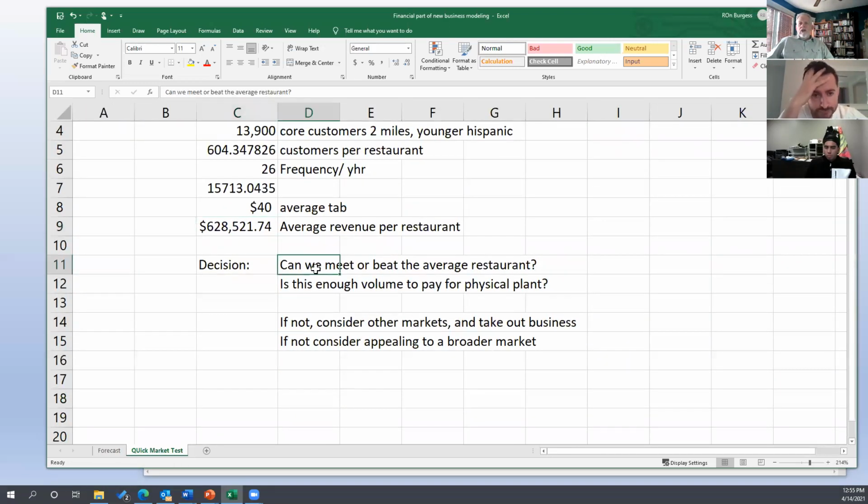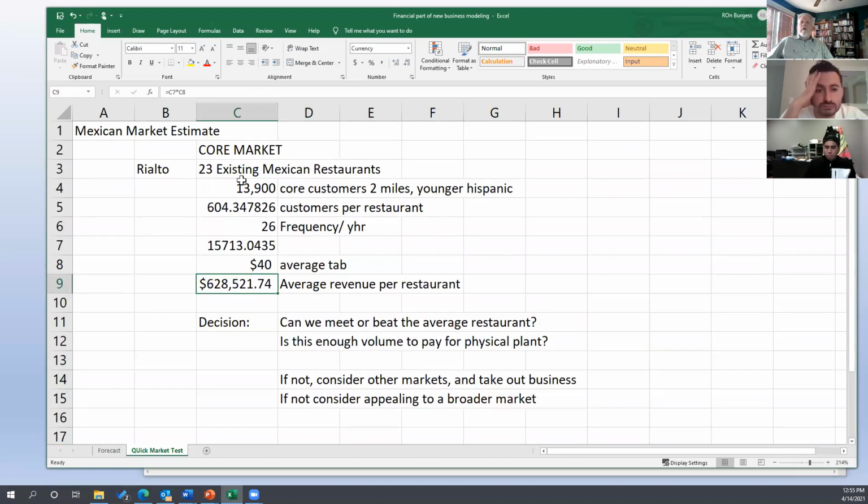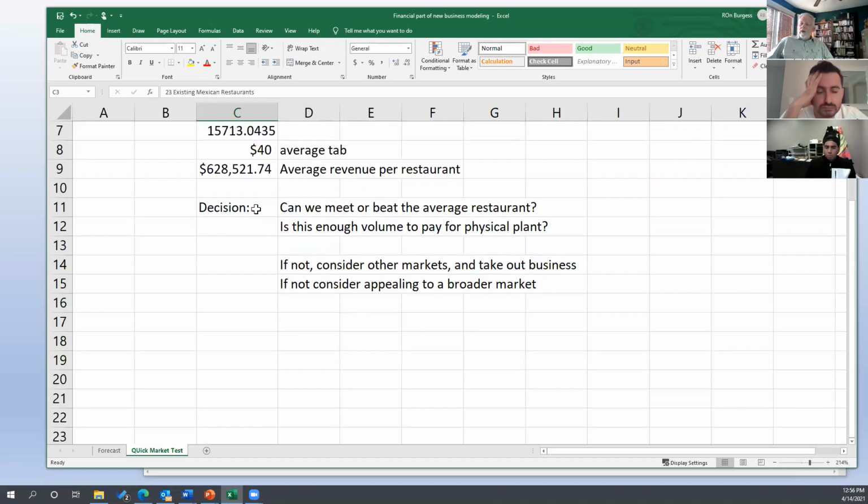And so then our decision is, can we meet or beat the average restaurant? Because what we're doing here is we're saying we're going to go into business and hope we can steal 628,000 from the 23 restaurants. And if we can, then we're going to get our piece and we're going to be able to do at least average.